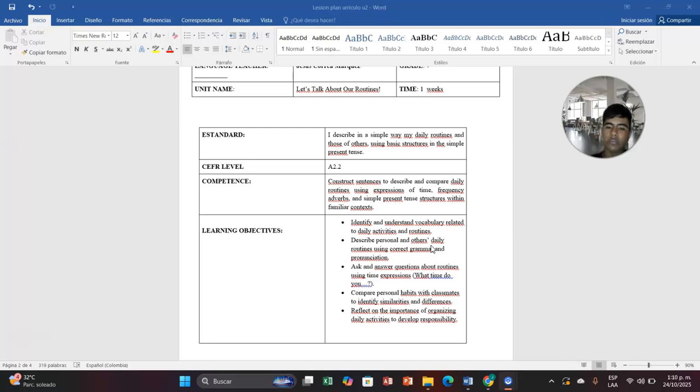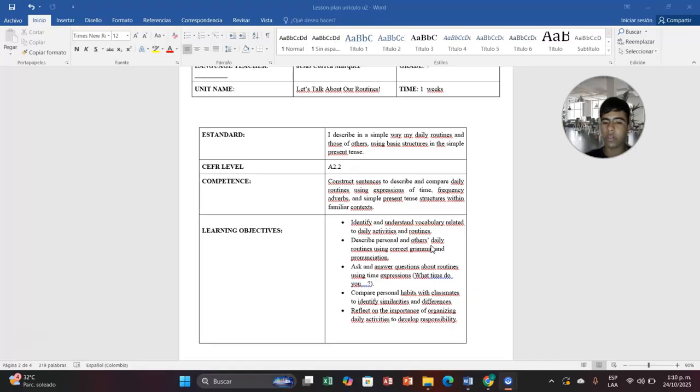Next one, ask and answer questions about routines using time expressions. What time do you...? These are WH questions. We can also use them pretty much when we're talking about daily routines. Actually, they're so useful because, as I have it here in the sample, what time do you...? And then we can mention an activity that maybe they do during the day, and so on.